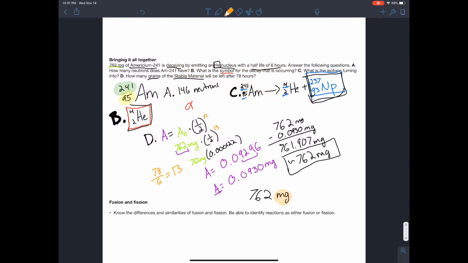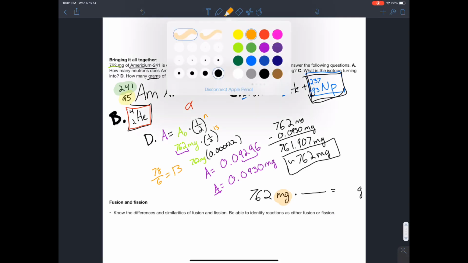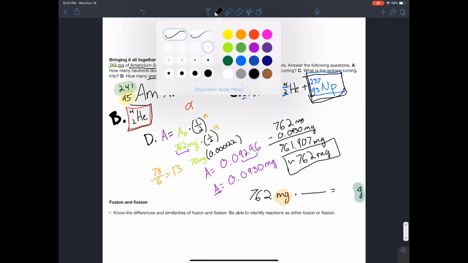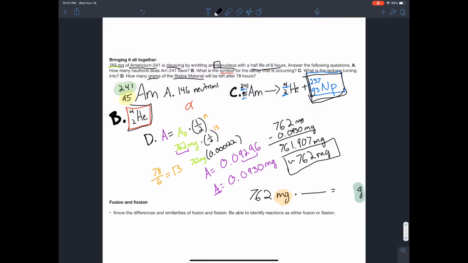So we have milligrams here. Now let's set up our conversion. So we know that we're going to multiply by some conversion factor to get an answer in grams. And I'll highlight grams in, say, green. Okay, grams are green. So how are we going to change milligrams to grams?